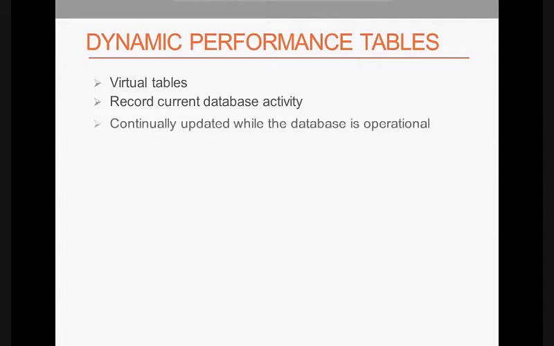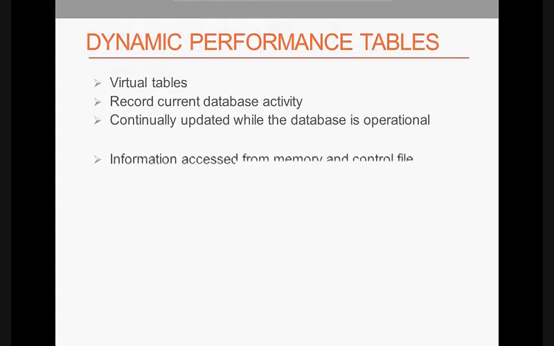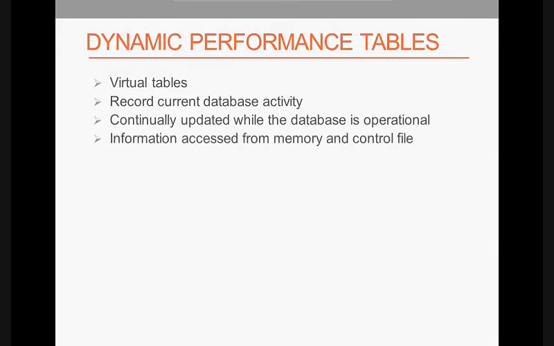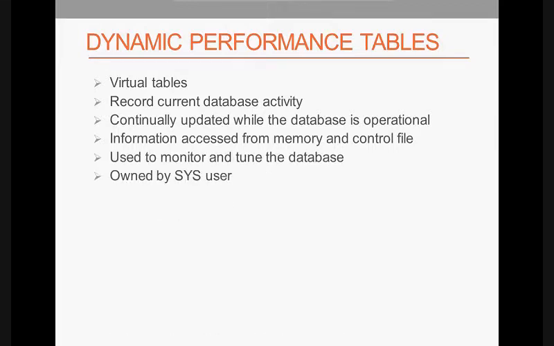They point to the actual source of information in memory and the control file. The dynamic tables answer questions such as: Is the object online and available? Is the object open? What locks are being held? Is the session active?